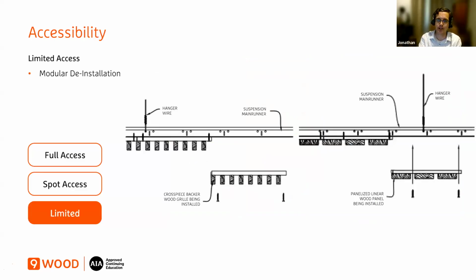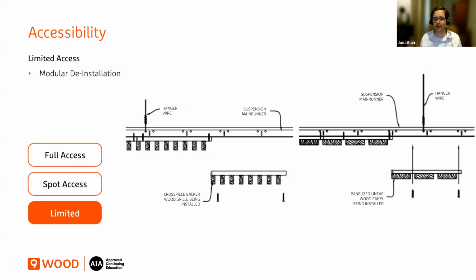The last one I'll mention is what we call limited access. Some systems, as I mentioned, are designed to have a direct screw attachment into the 15/16 heavy duty grid. The good news here is you can deinstall them, which means technically they are accessible. So this works great as a backup option for a client. They don't need full access.